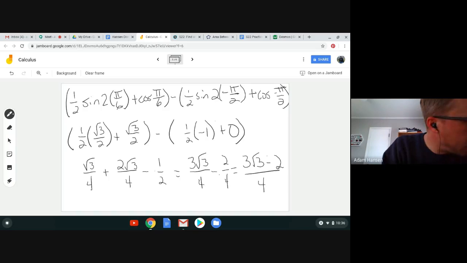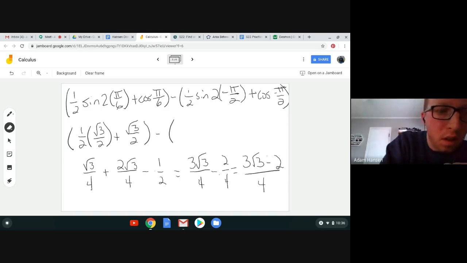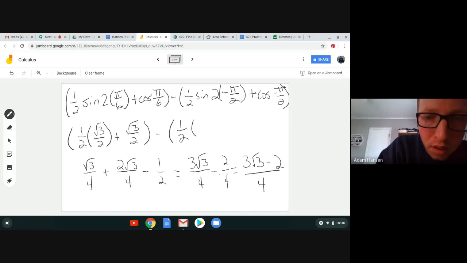The sine of -π is 0. So this would be 1/2 times 0.